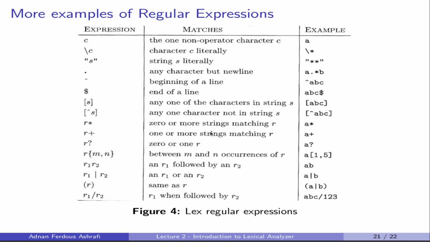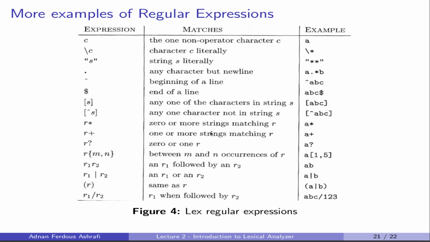The interesting thing is that if I want to define the backslash character, in that case I need to use a double backslash, okay? Alright. So the third one is double quotation S, which means string S literally, okay? Alright. For example, if I use double star inside double quotation marks, in that case it will match double star exactly.